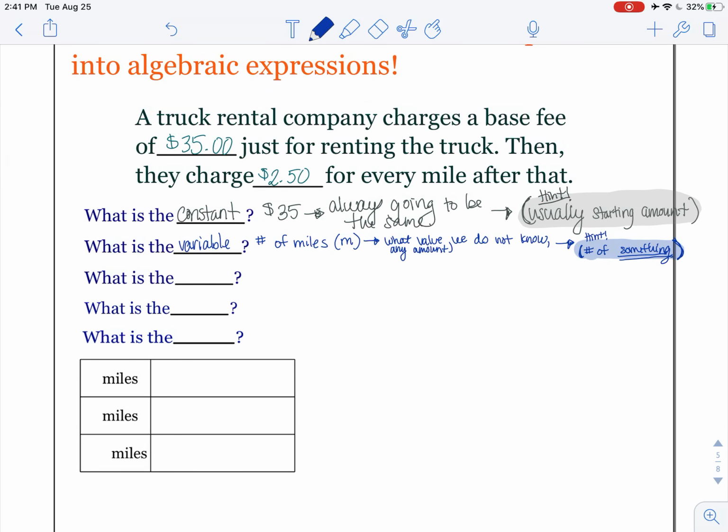And again, you're going to identify two different labels, the number of dollars and the number of miles. But the best way to identify which one is the variable is to look at which one I have zero information on. I know that it's $35 and I know that it's $2.50 per mile, but I don't know how many miles. My total price is going to depend on the number of miles.